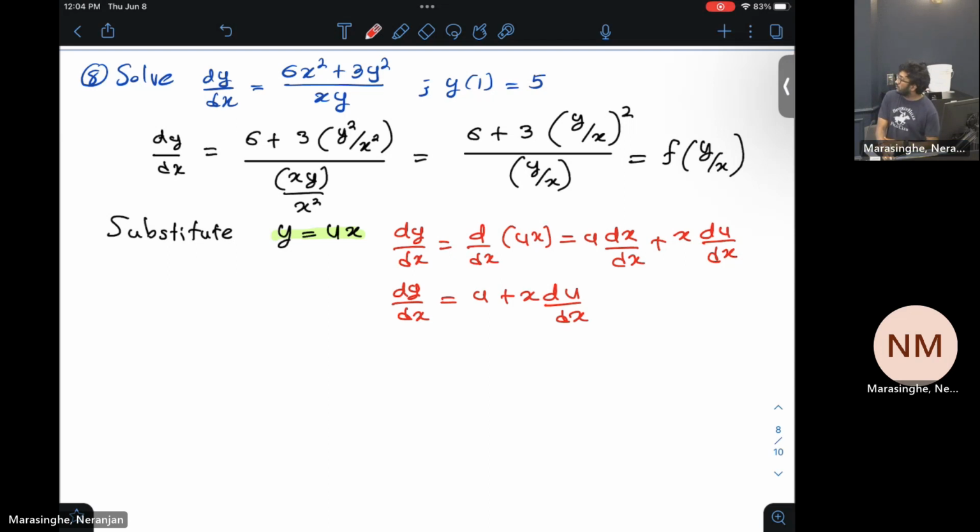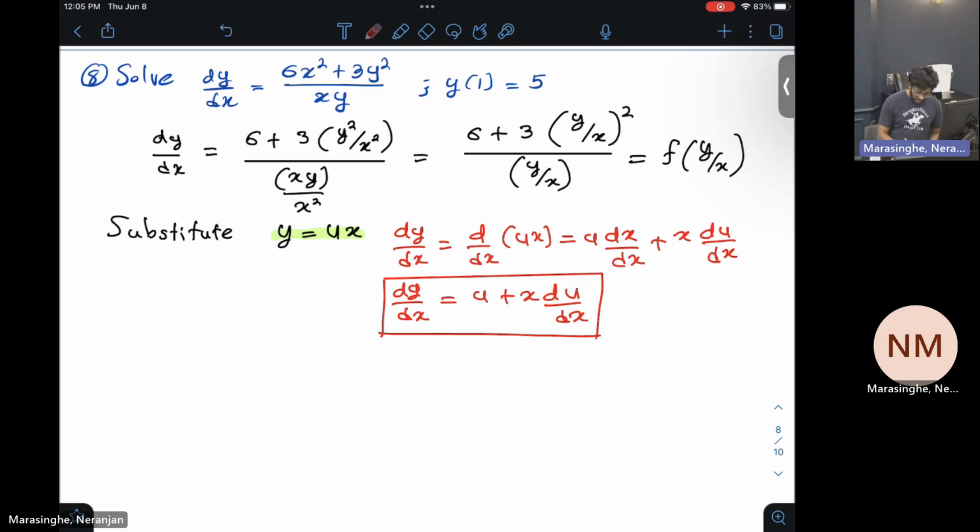Right. Now I'm going to replace dy over dx by this function. Now I know what is dy over dx. So again, I would go back to my original equation, right?